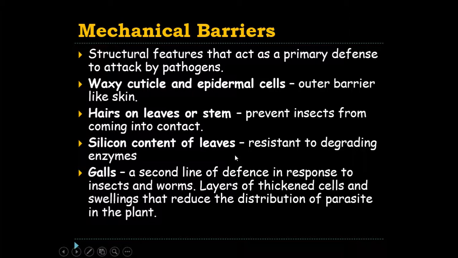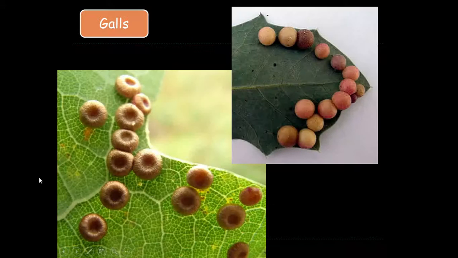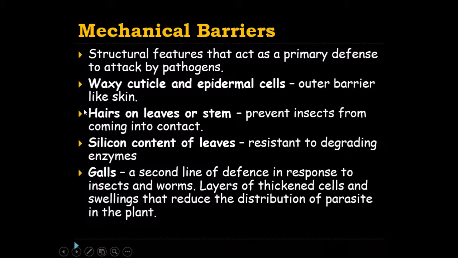Silicon content of leaves makes them resistant to degrading enzymes that pathogens might have that can break down the skin or these epidermal cells so they can enter. And galls are a second line of defense, specifically in relation to insects and worms. And these are little pictures of galls just here.